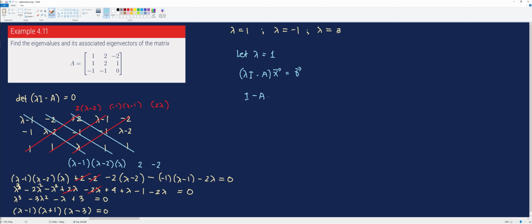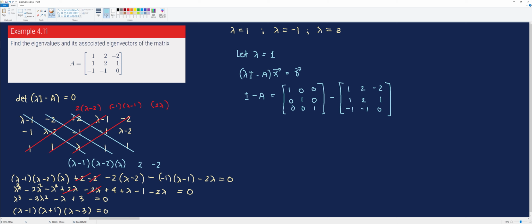And if we expand this expression, this is equivalent to 1, 0, 0, 0, 1, 0, and 0, 0, 1. This is our n by n, or 3 by 3, identity matrix, because our matrix is a 3 by 3 matrix. And our A is equal to 1, 2, negative 2, 1, 2, 1, negative 1, negative 1, and 0.